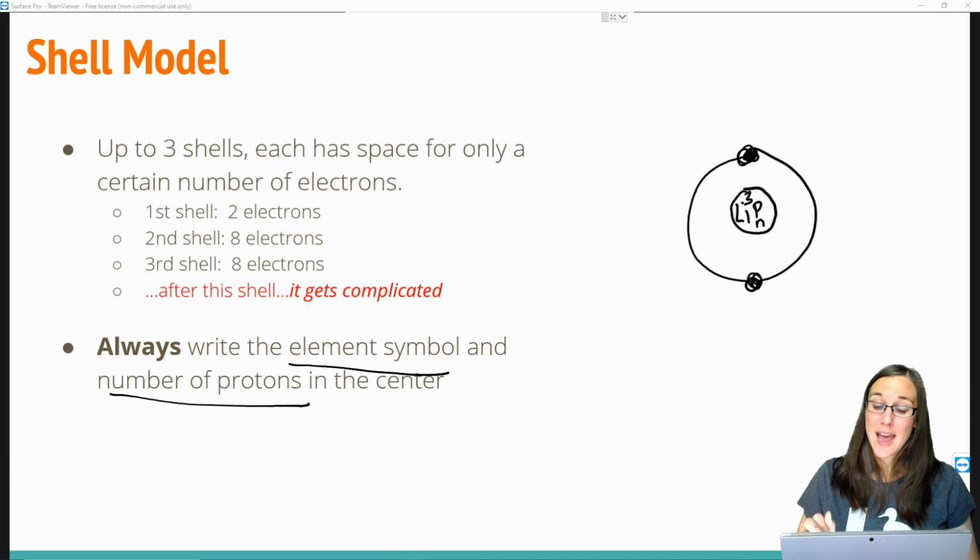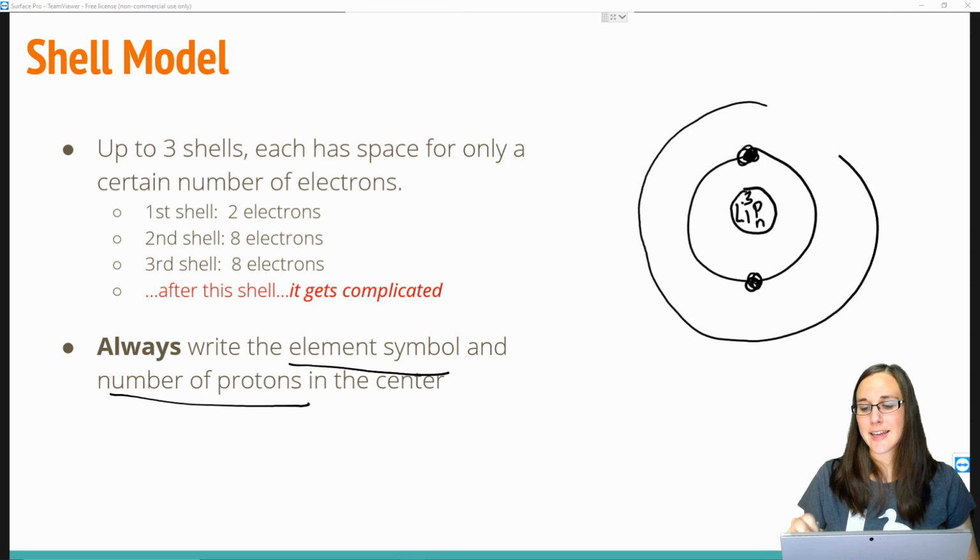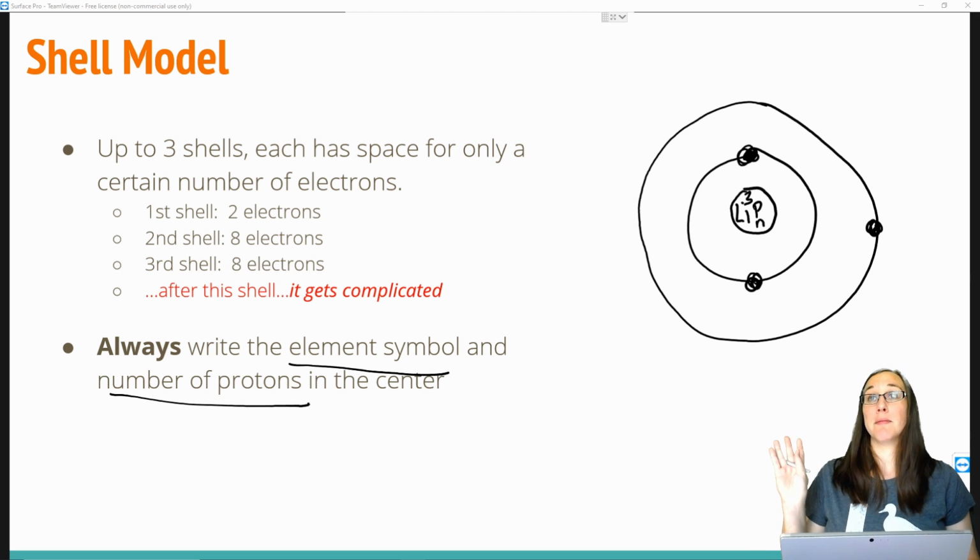We note that we have 3 protons, therefore we need 3 electrons. We're still missing 1. So we need to now go on to the second shell. We're going to just plug in an electron. There. We have 3 electrons represented by these dots and 3 protons. So this would be a shell model of lithium, for example.